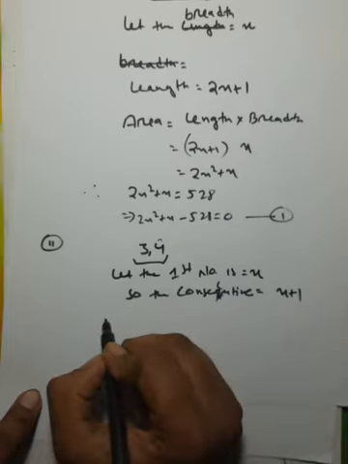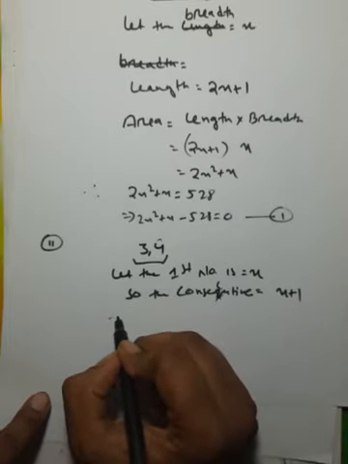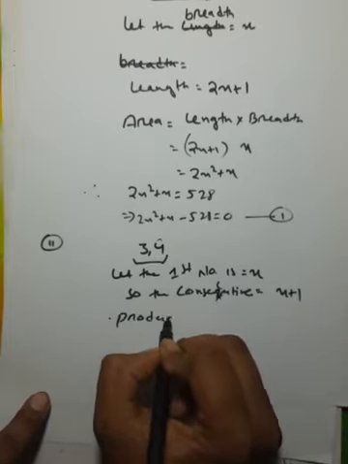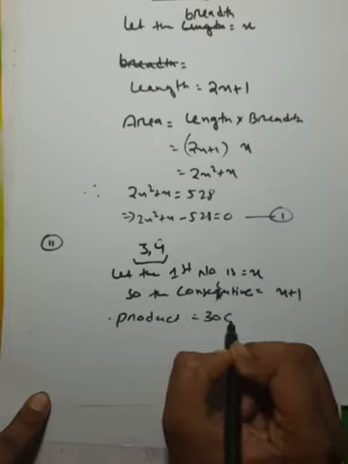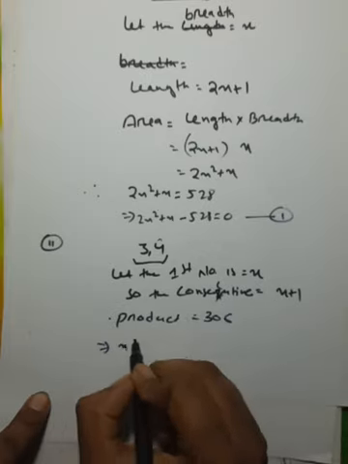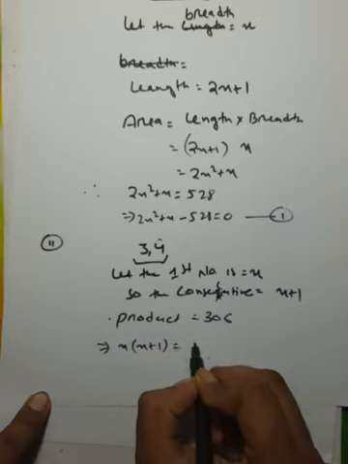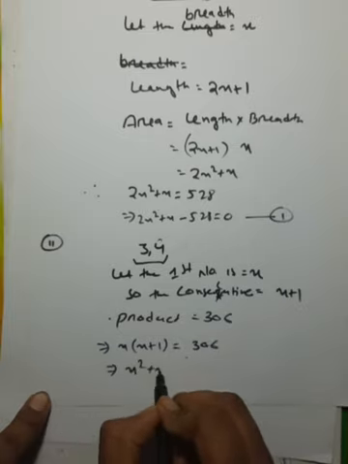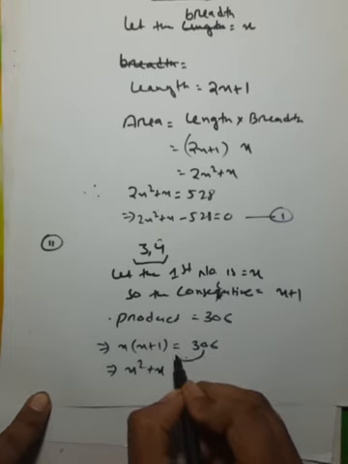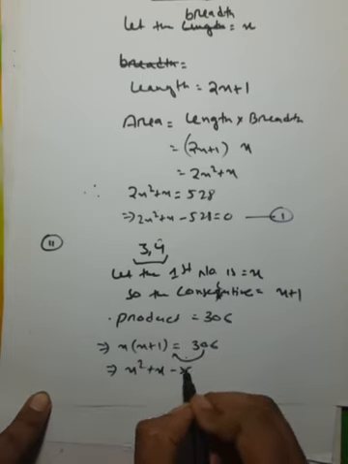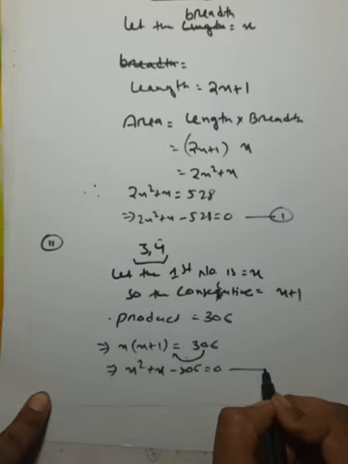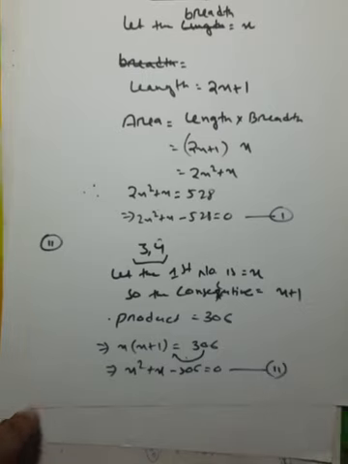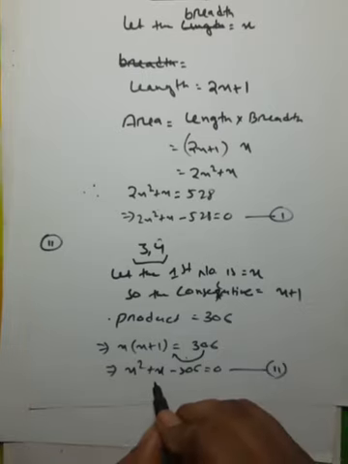Then it is given the product is 306. So x into (x plus 1) is equal to 306, and by solving, x square plus x, this can be turned to this side, minus 306 is equal to 0. Okay, so this is the representation of the second question.